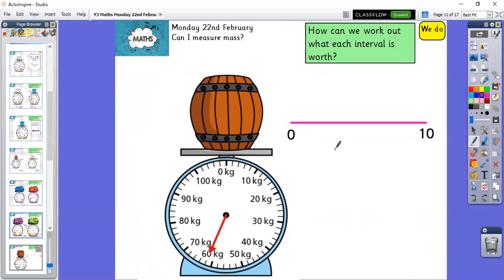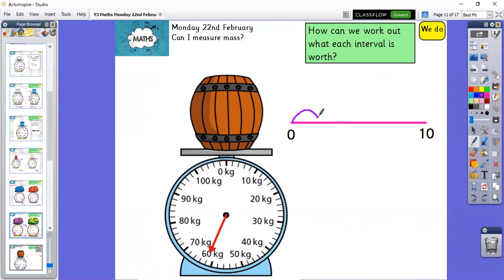So I need to be thinking then, right, I've got 5 jumps to be able to get to 10 kilograms. So we've already established that counting in 1 kilograms wasn't working. So what else could I count in? Well, there's 5 intervals and I'm getting to the number 10, and I can use my times table knowledge to know, well, actually, that could be jumps of 2. So let's try it.